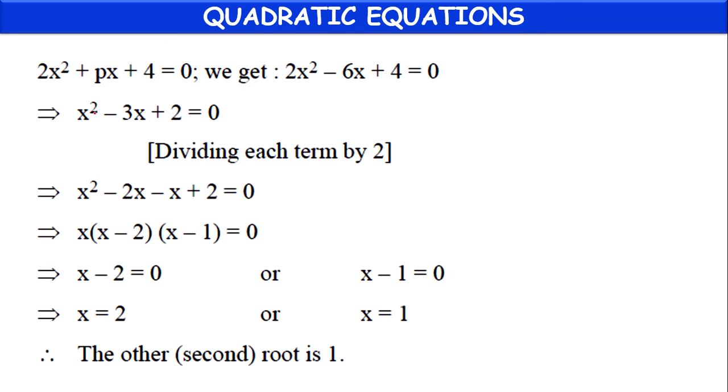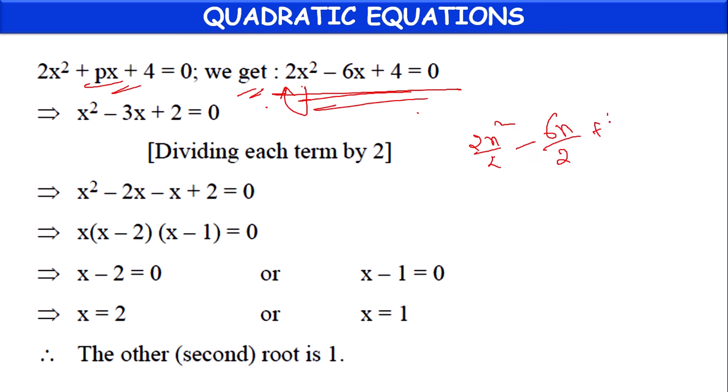If we substitute the p value in the equation, we will get this equation. Because the coefficient of x square is 2, if we divide the entire equation by 2, then we will have the equation x square minus 3x plus 2 equal to 0.